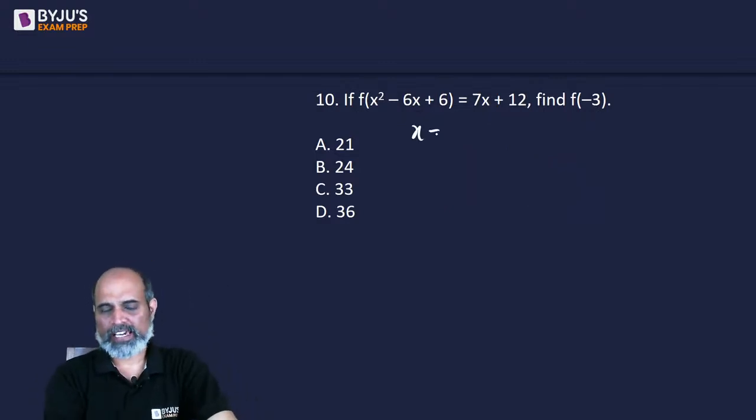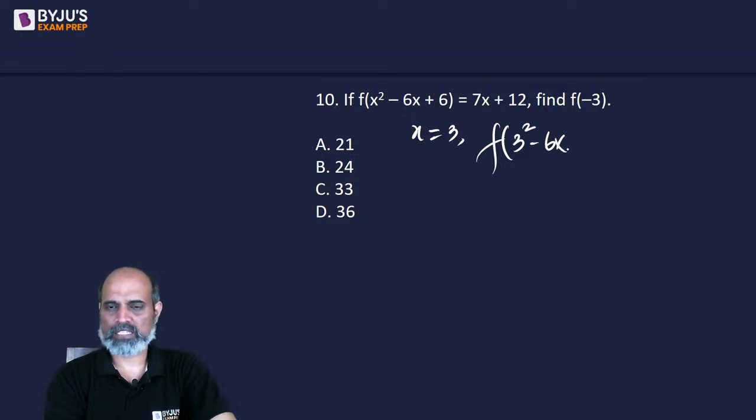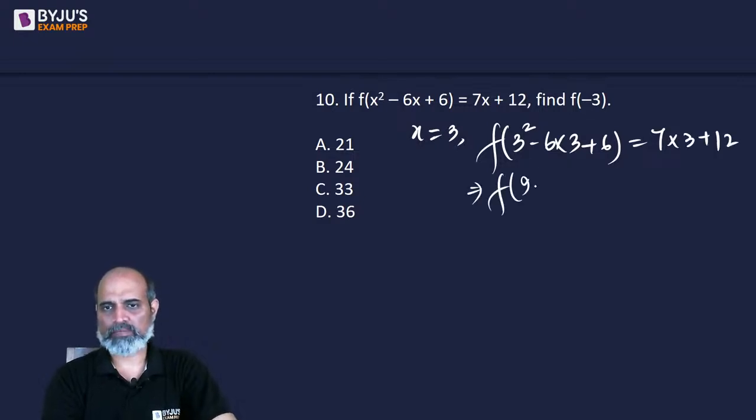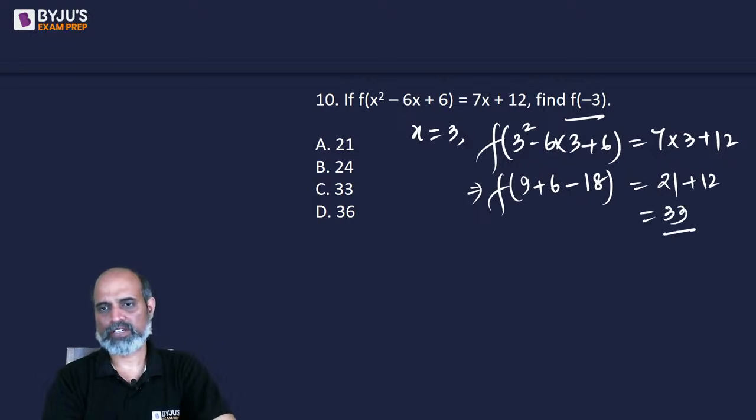So if we take x is equal to 3, we will be getting f of 3 square minus 6 into 3 plus 6, which is 7 into 3 plus 12. If we solve this, this is 9 plus 6, which is 15 minus 18, which is f of minus 3. So this will result in 21 plus 12, which is 33.